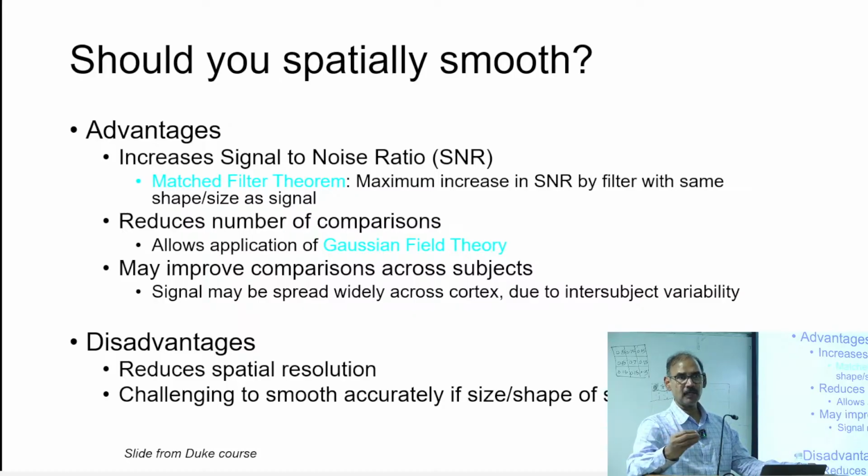So by using a little bit of smoothing, you would be able to see those. As I have mentioned many times, the disadvantage is that it reduces spatial resolution, and it is challenging to smooth accurately if the shape or size of a signal is not known, right?